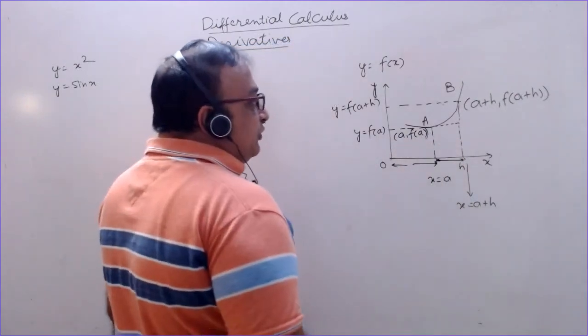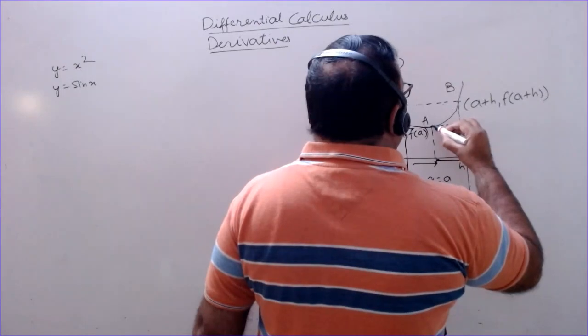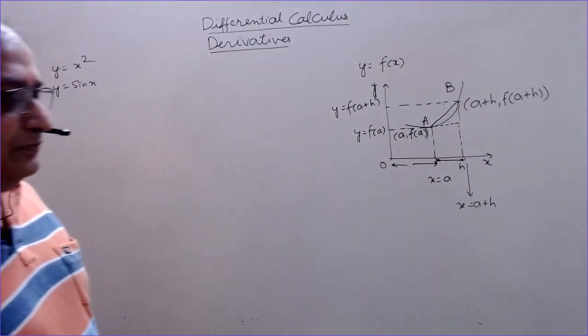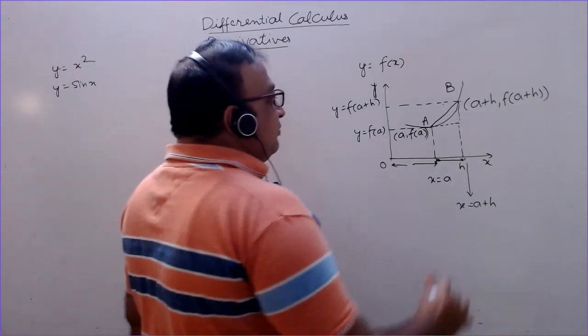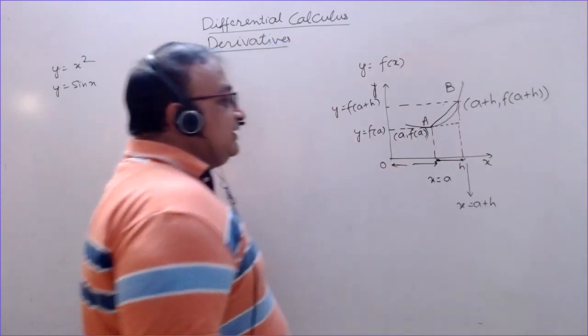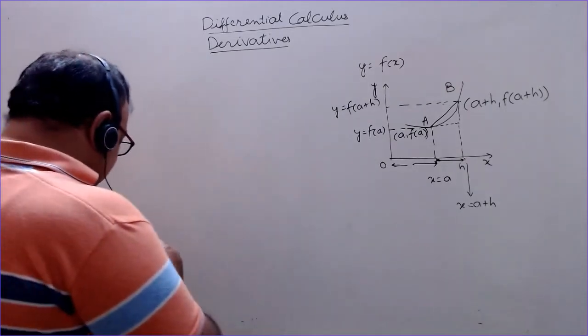As we move from A to B, I will draw a straight line joining A and B. Actually we have to move along the curve, but the interval h we have taken is so small that AB is approximated as the curve. That means AB is a straight line.